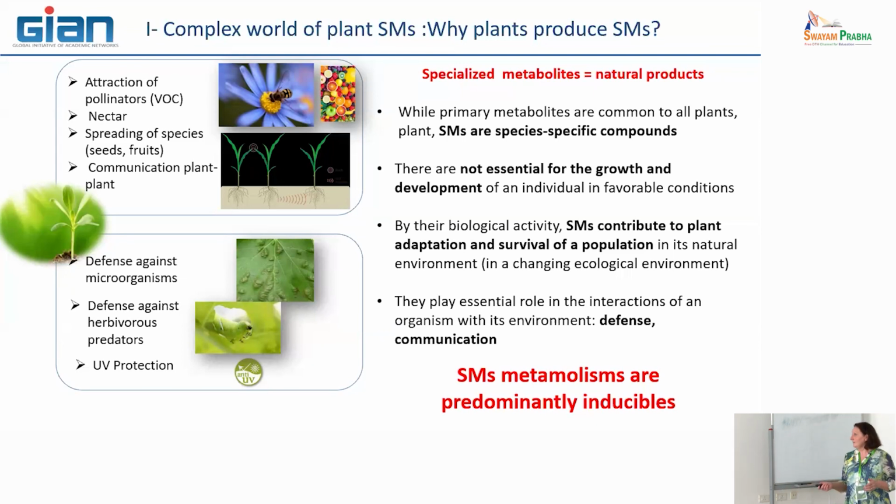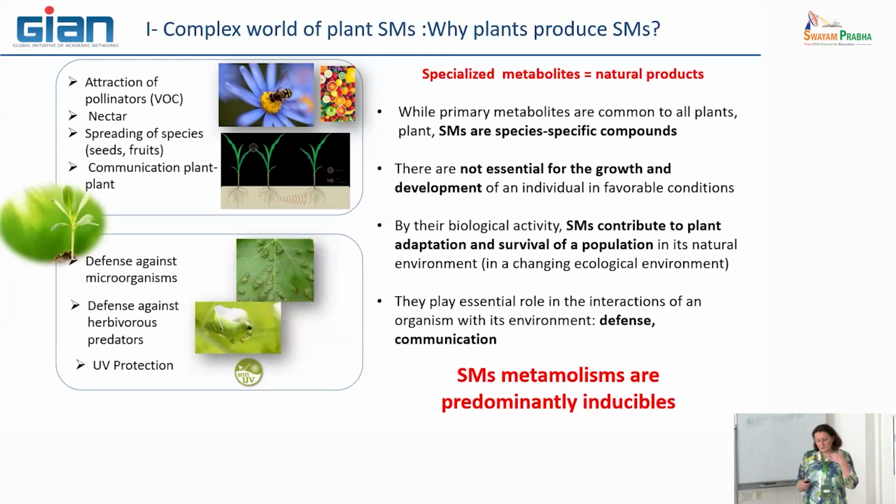So the message we have to keep in mind at the end of this slide is that these metabolites are not mainly constitutive, but predominantly inducible. So it means that it is sometimes difficult to discover exactly all the metabolites in a plant.